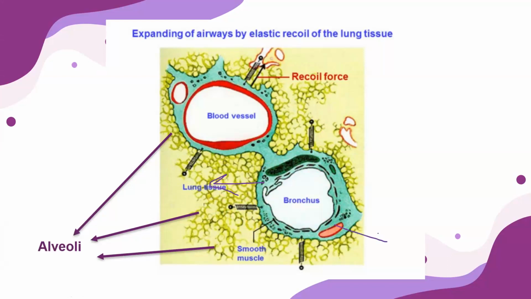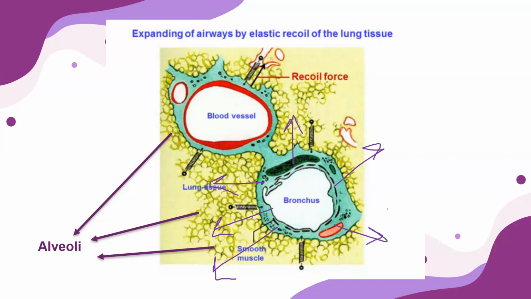It causes the bronchi wall to basically be pulled open, and that causes bronchodilation. Bronchodilation means there's going to be a decrease in resistance. So, quick recap, basically the alveoli recoil, close in on themselves, pull on the wall of the bronchi, okay, and cause bronchodilation and thus decrease resistance.